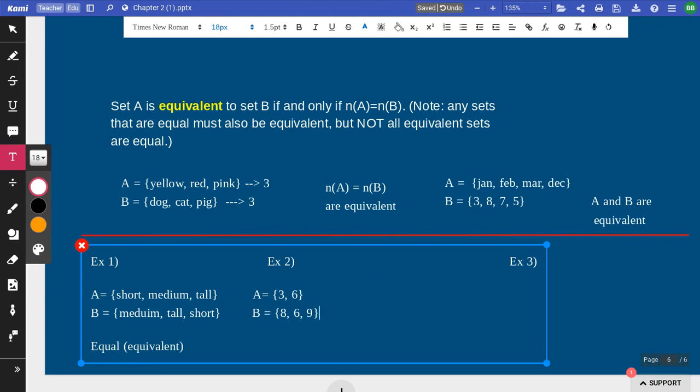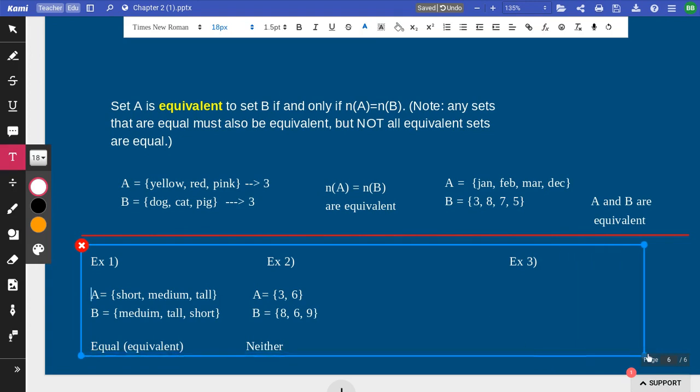And how do we represent this? Equal, equivalent, or neither? This is neither. They have 2 elements in A and 3 elements in B, and they're not the exact same elements, so they're neither equivalent nor equal.